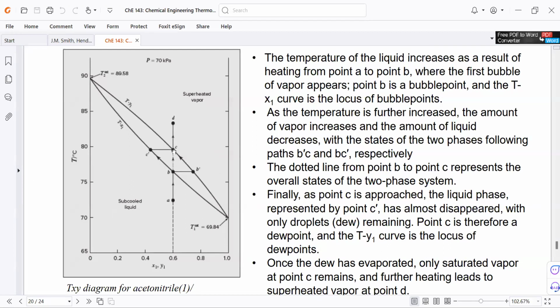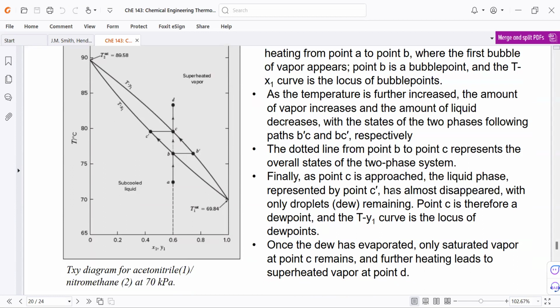So this CB prime and BC prime. Okay, so finally, as we approach point C, the liquid phase has almost disappeared with only droplets remaining. That's why point C is called the dew point and PXY is called the locus of dew points.